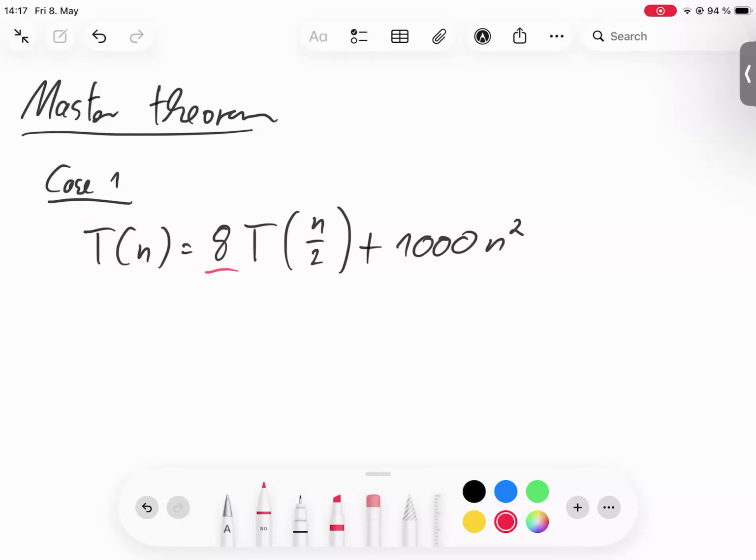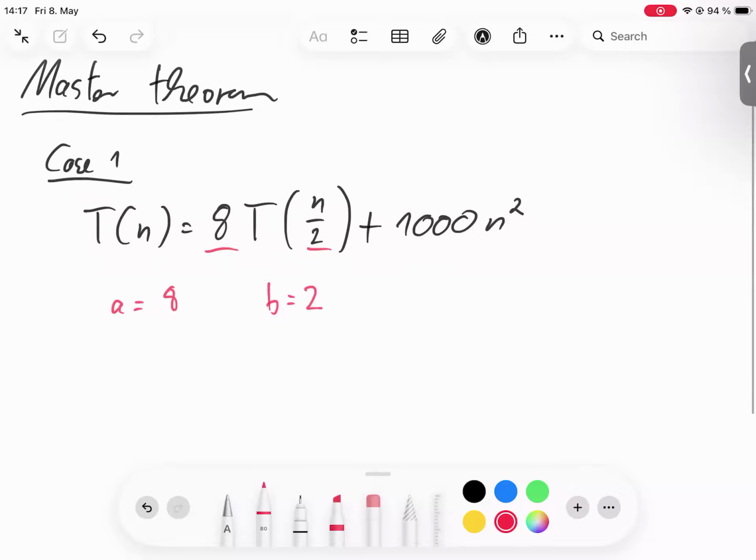And there are a couple of interesting observations. So we see this falls into our pattern before. So, A is 8, then B is 2, and this here is f of n. So f of n is 1000 n squared.